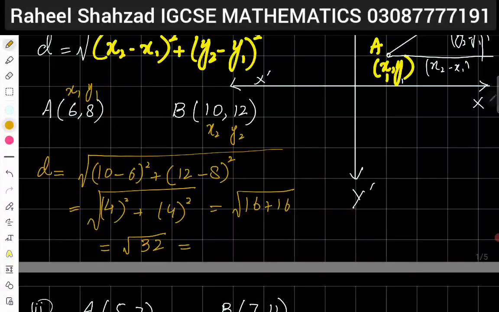You can write it as 4 root 2, because 32 can be written as 16 into 2, and the square root of 16 into 2 is 4 root 2. That is your final answer here.